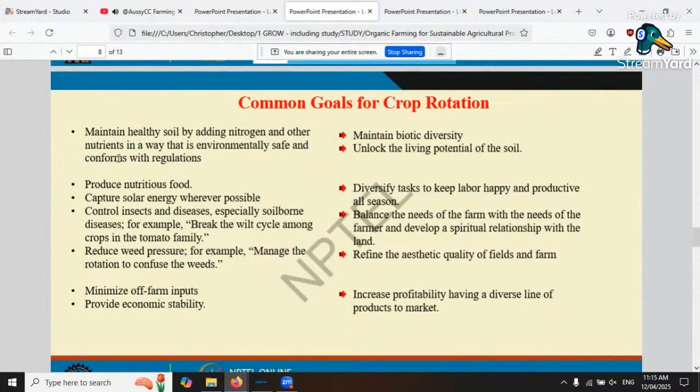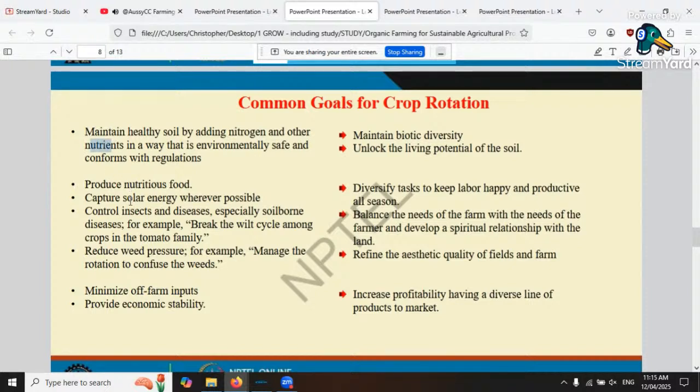Common goals for crop rotation: maintain healthy soil by adding nitrogen and other nutrients in environmentally safe ways. By adding green manure for your nitrogen source, and other nutrients will be coming out of your organic matter and your manures.